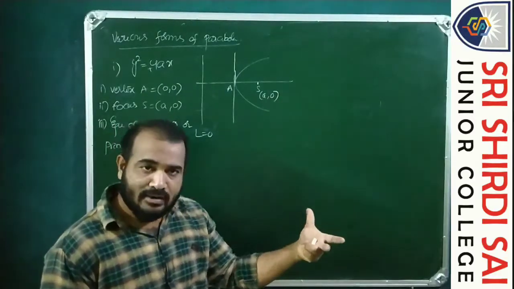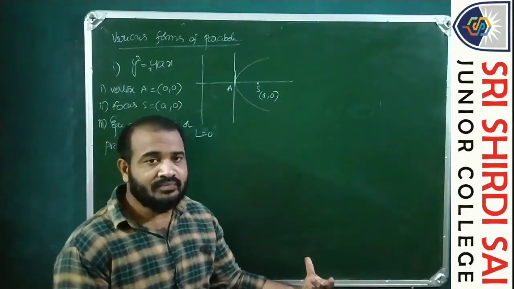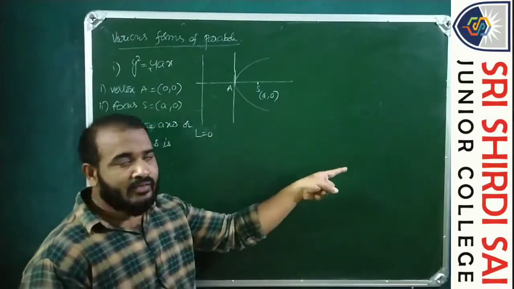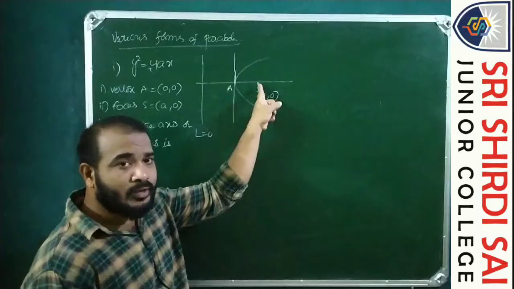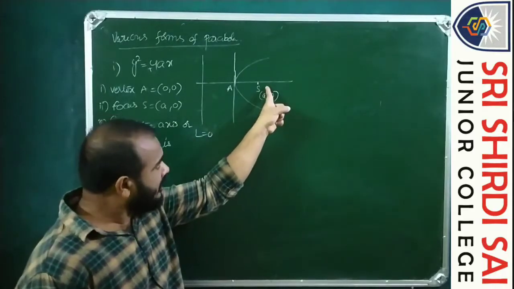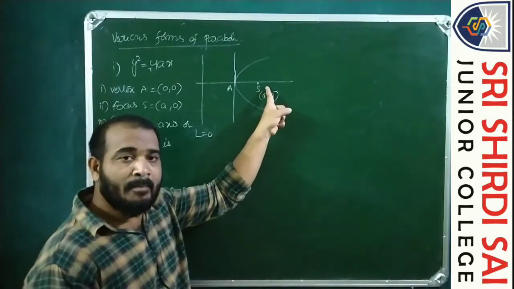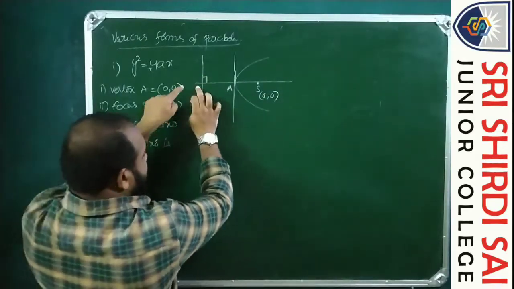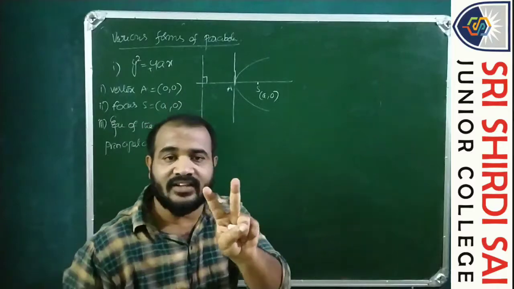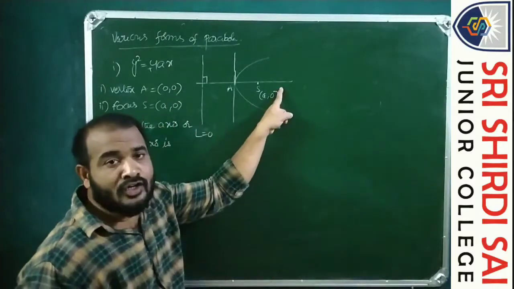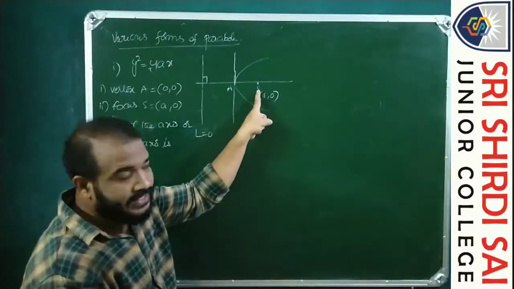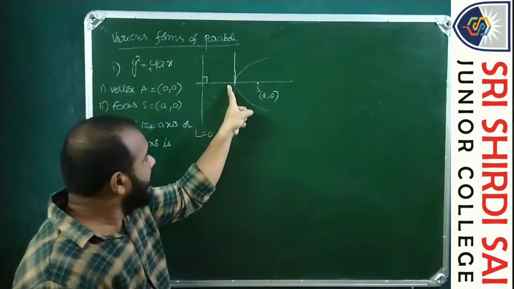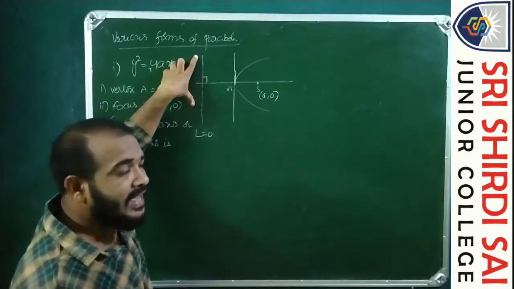Principal axis can be defined as the straight line which is passing through the fixed point, the focus, and which is perpendicular to the fixed line, that is the directrix. See, this straight line does two things at the same time. This straight line is not only passing through the fixed point, but also perpendicular to the fixed line which is the directrix.